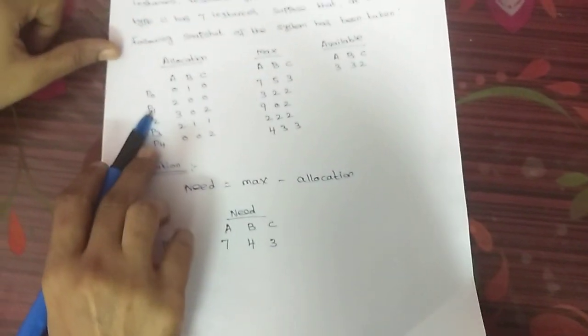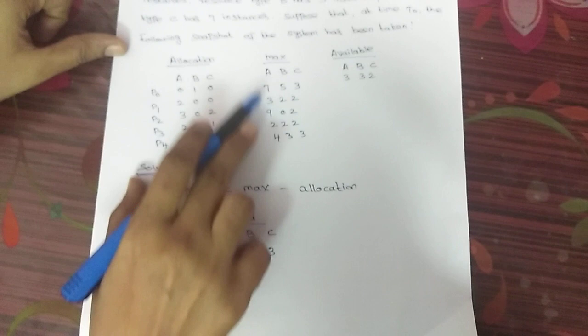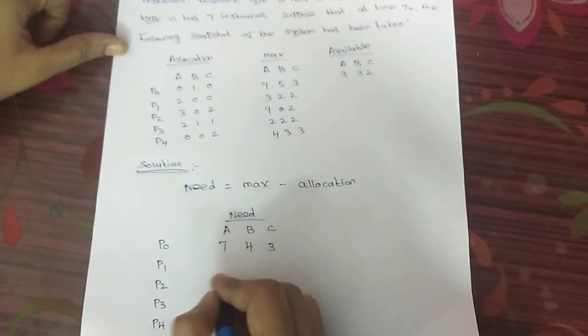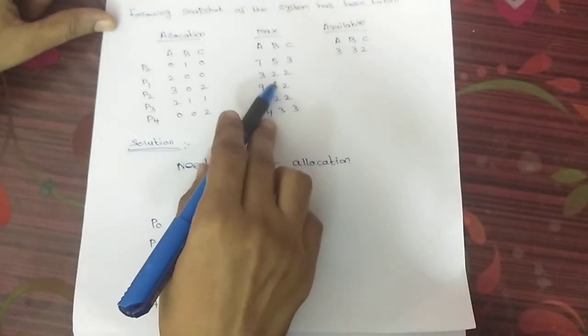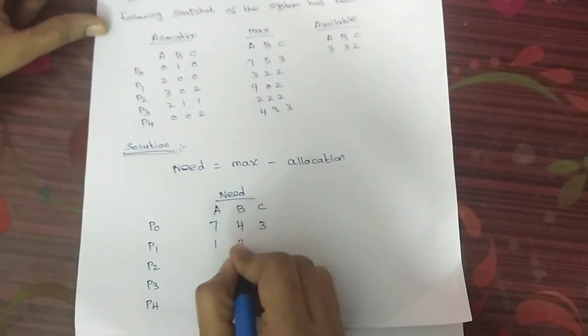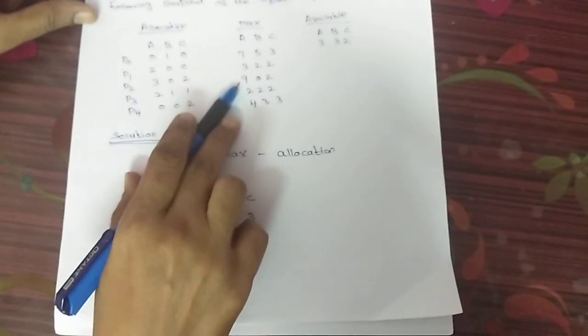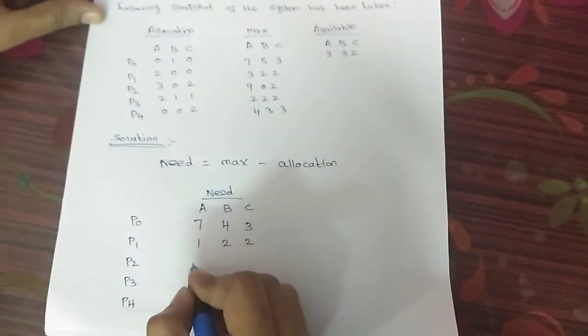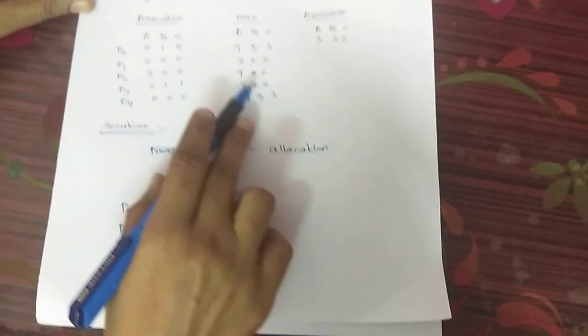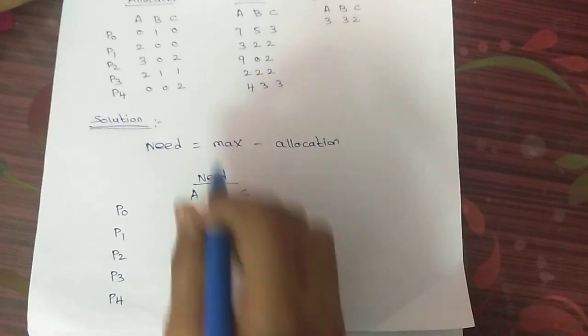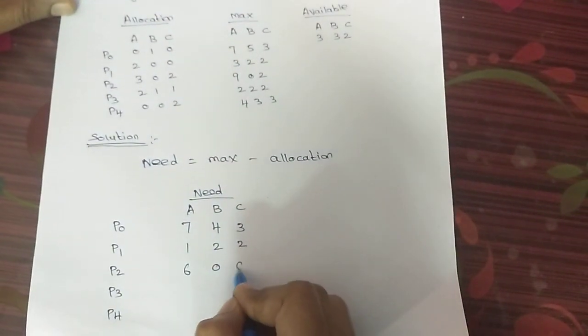Then for P1, the max is 3 and the allocation is 2 for A: 3 minus 2 is 1, then 2 minus 0 is 2, and 2 minus 0 is 2. For P2, 9 minus 3 is 6, 0 minus 0 is 0, and 2 minus 2 is 0.